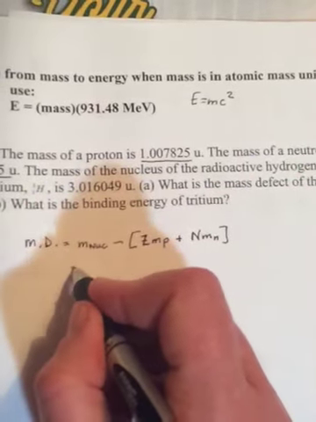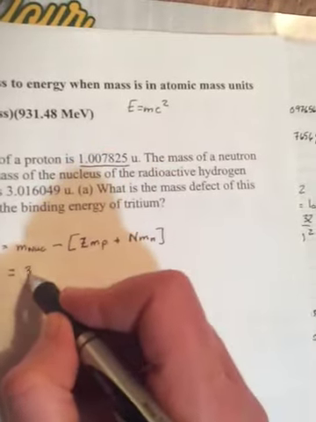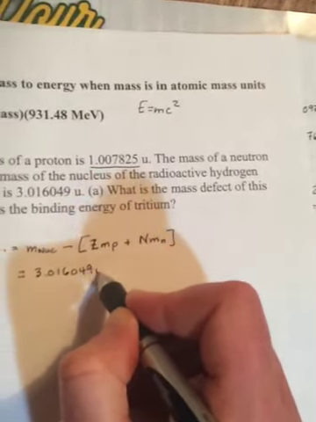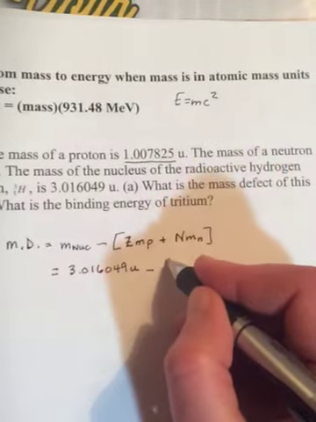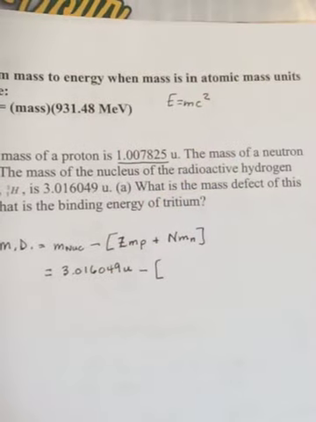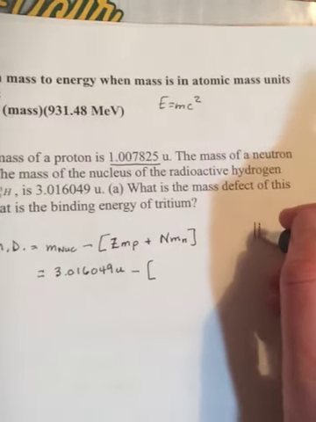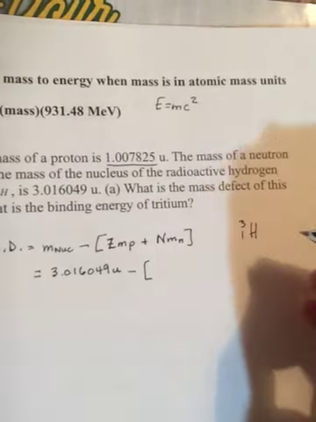Okay, so the mass of the nucleus, they told us in the question, was 3.016049 U. And then minus brackets, we're doing a radioactive isotope of hydrogen, so it's 3,1, which means there's one proton.